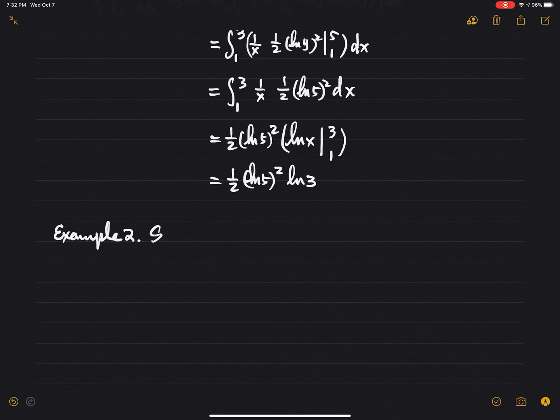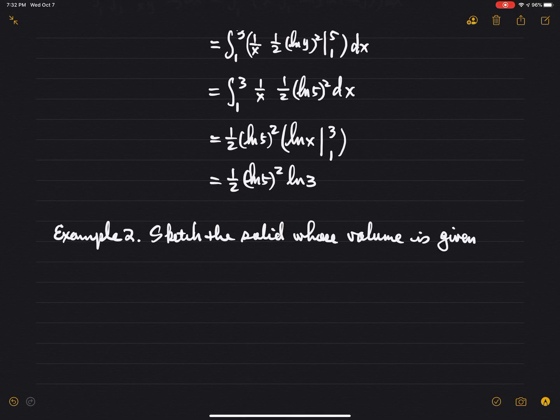We say sketch the solid whose volume is given by this double integral from 0 to 1, 2 minus x squared minus y squared dy dx.